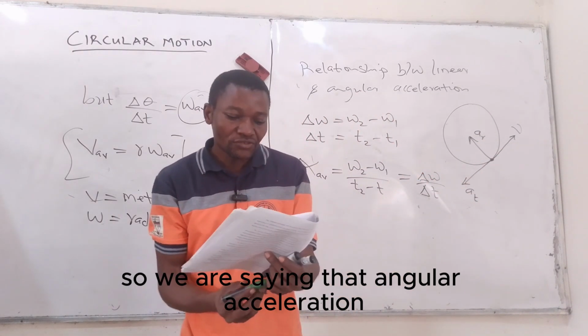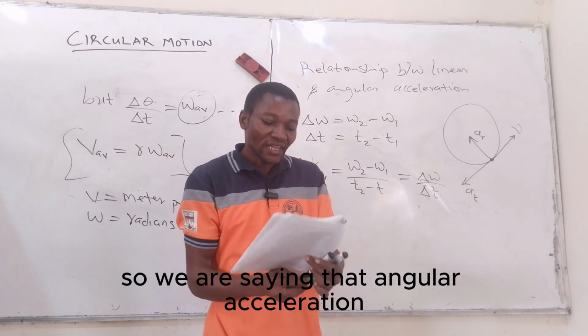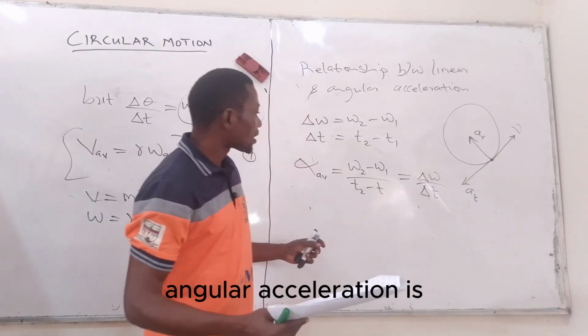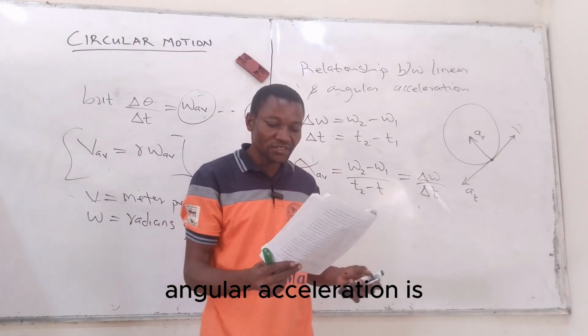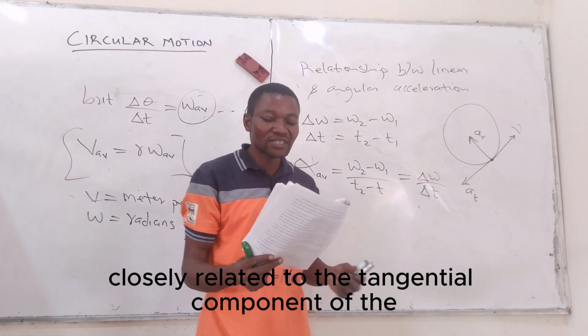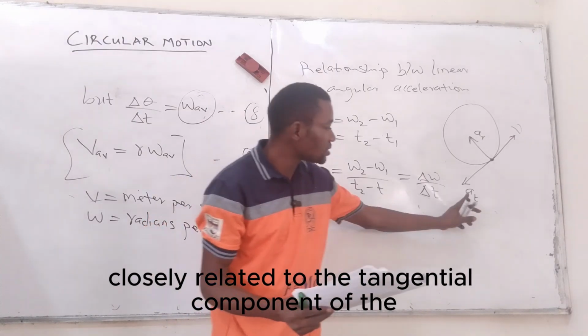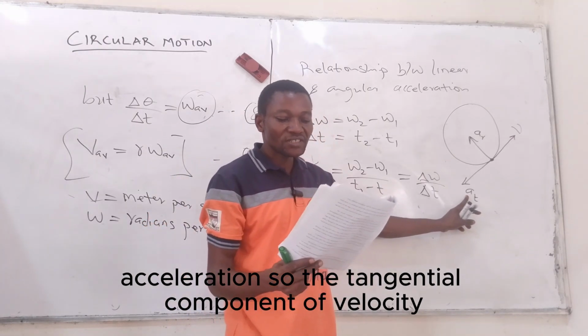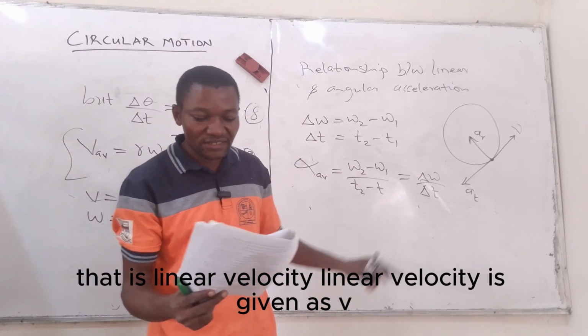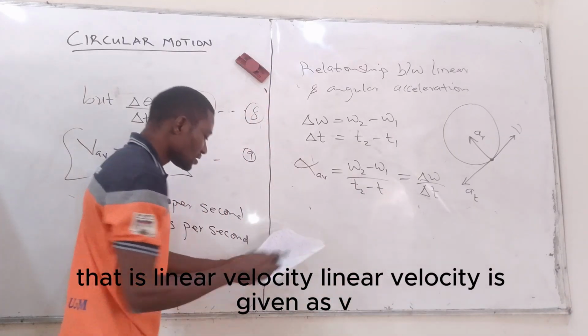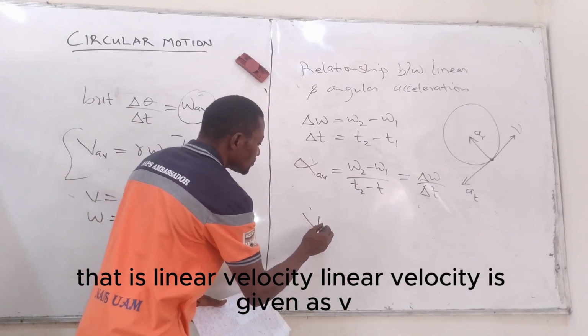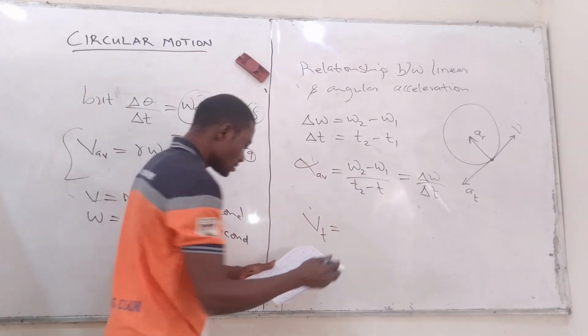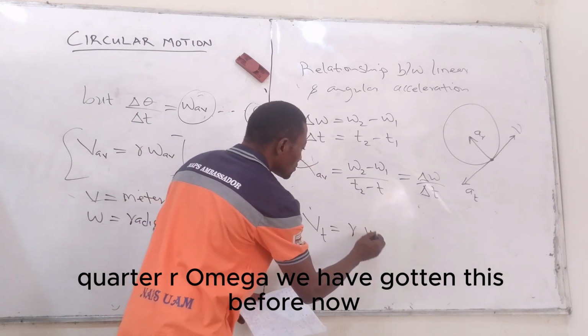Are we following? So we are saying that angular acceleration is closely related to the tangential component of the acceleration. The tangential component of velocity, that is linear velocity, is given as v equal to r omega.